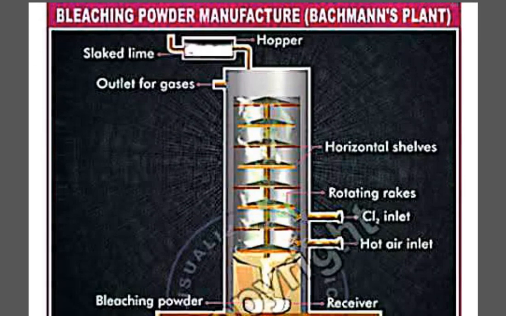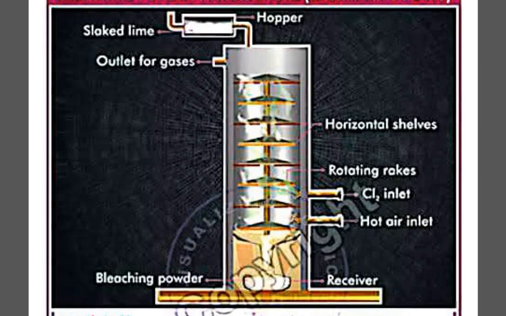Now, this is the plant, also called Bachmann's plant, from which the bleaching powder is manufactured. You can see the slaked lime is put in from the hopper, and horizontal shelves are present which keep on rotating. From the bottom side, a chlorine inlet is present through which chlorine gas is continuously passed.